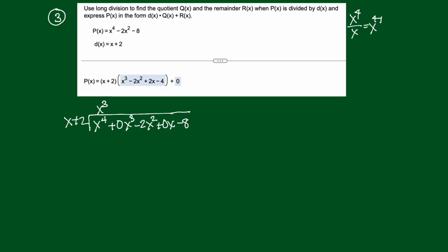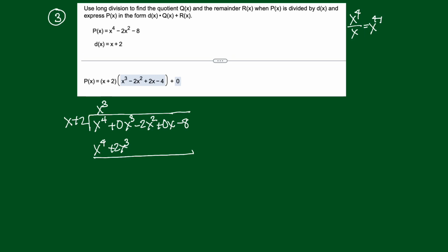Now, multiply. X cubed times x is x to the fourth. Those will always match. And then x cubed times plus 2, so that'll be plus 2x cubed. Now here's the divide. Here's the multiply. Now subtract.